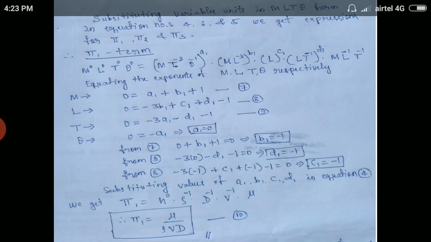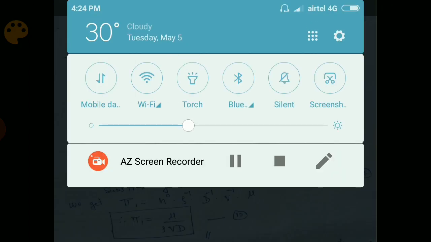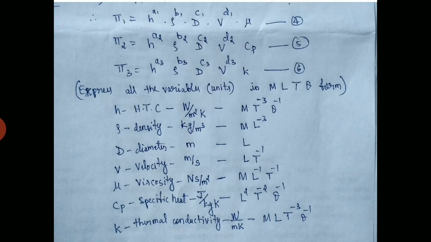So once you write down the variables in the form of M, L, t and theta, substitute them in equations number 4, 5 and 6. So we are substituting all these values in 4, 5, 6. In place of h we will be writing this value. In equation number 4 it will be pi 1.